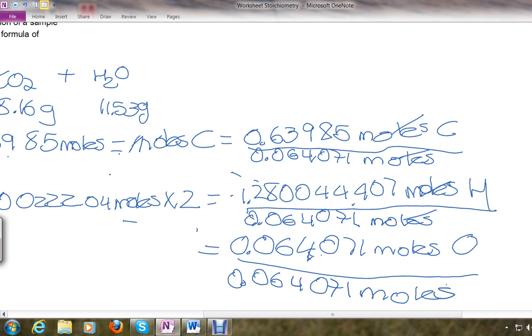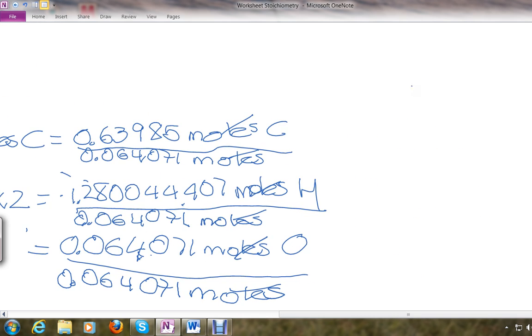That's why, I remember, oops, I forgot the moles of oxygen, and I was starting to do the empirical formula without the oxygen just a few minutes ago.